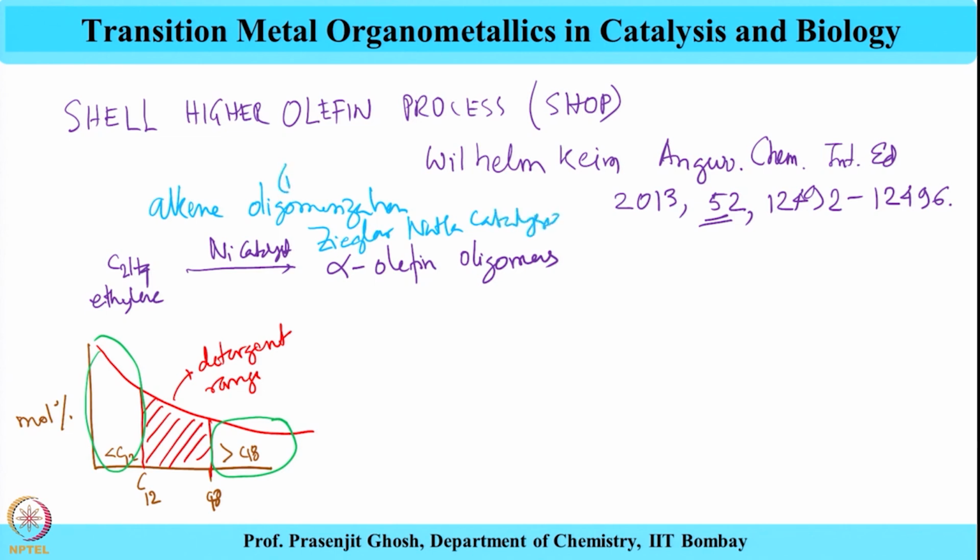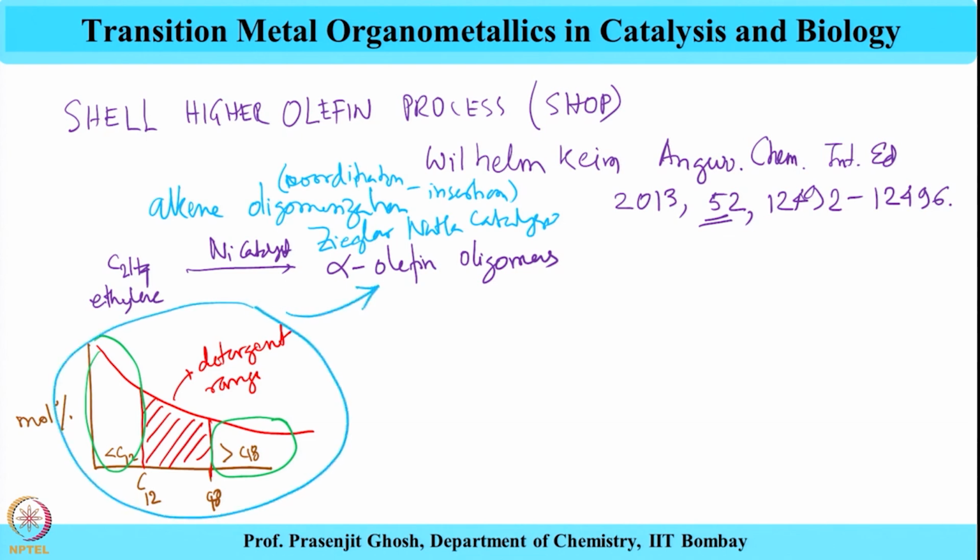That means the coordination insertion method. So, all these alpha olefins were produced by this process using a nickel catalyst, but of these various fragments only the C12 to C18 fraction was usable.